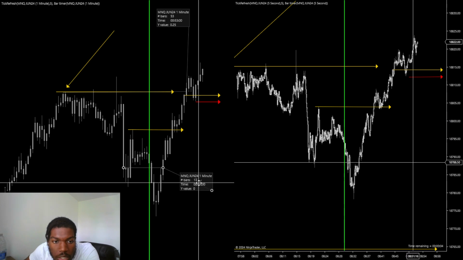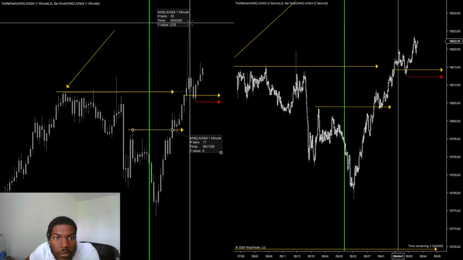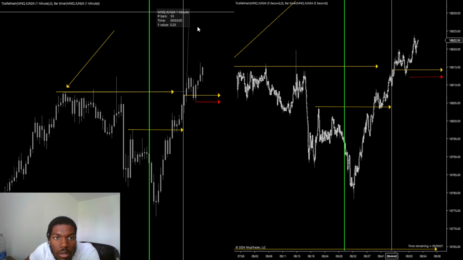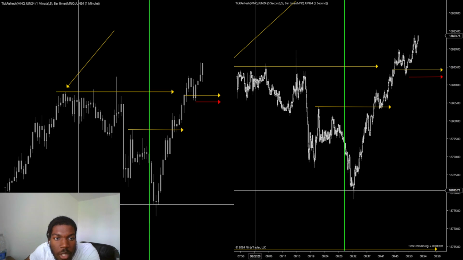As you can see, the time frame in which this previous range comes from is from the 17 minute, 53 minute. So this is a previous range from the higher time frame.